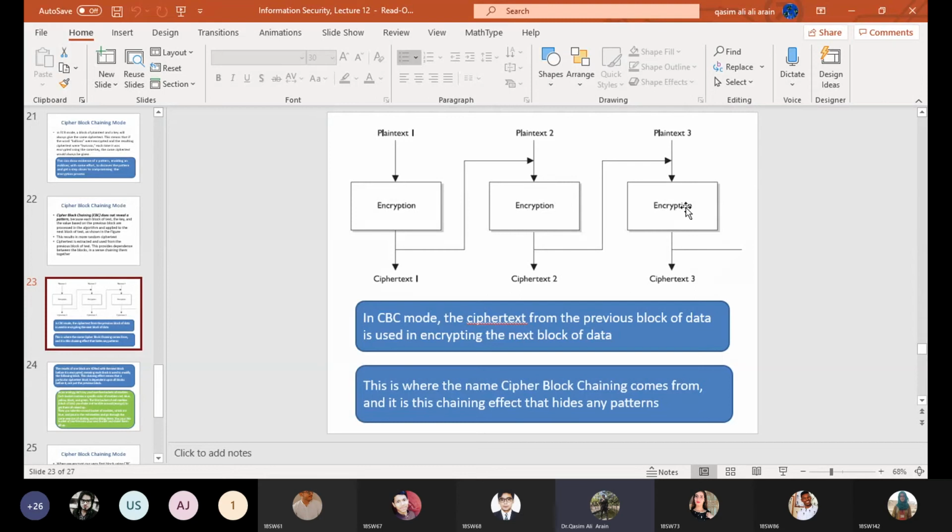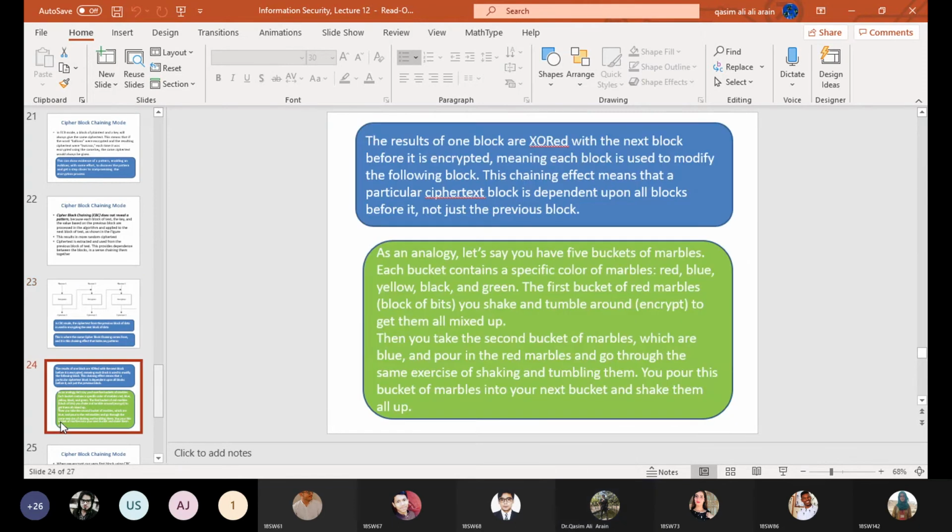No, this block depends upon this block also and this block also, right? Due to this chaining effect, a particular ciphertext block is dependent upon all blocks before it, not just the previous block, right?